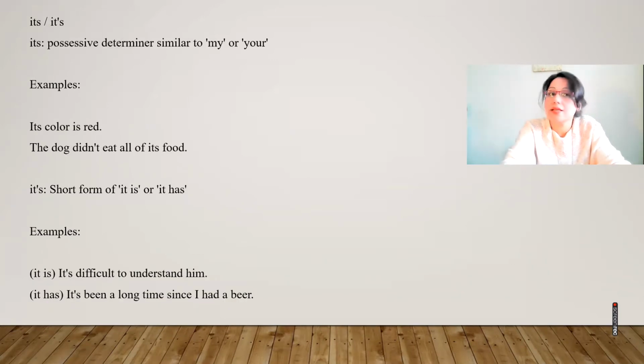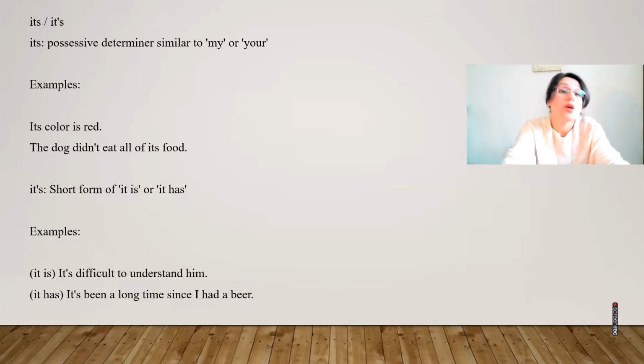Then, oh my God, this is something that I look at all the time. All right, it's and its. Okay, so one is without an apostrophe and the other one is with an apostrophe. All right, so the one without the apostrophe, guys, is the possessive determiner, similar to my or your. Its color is red. So when you're talking about something, maybe its color, you're talking about a car or something.